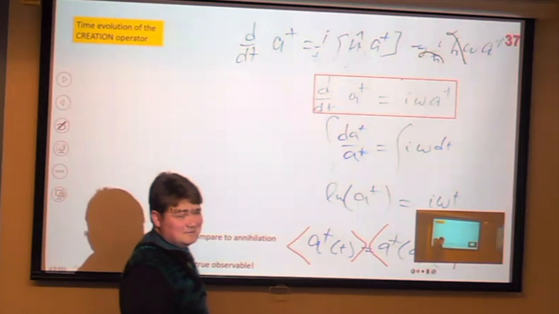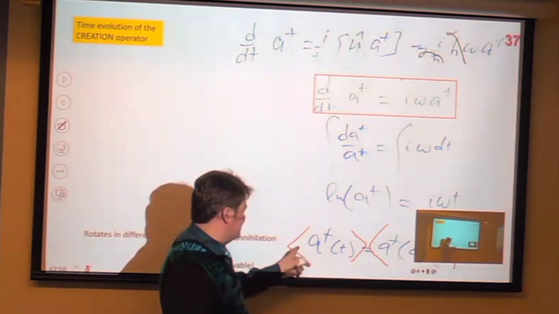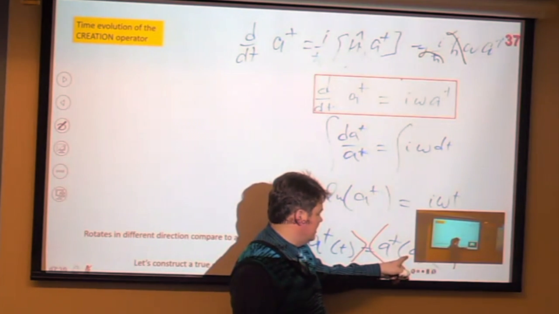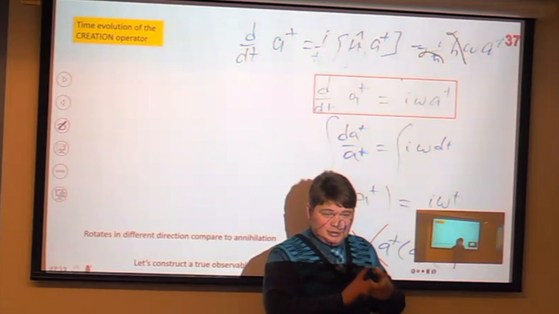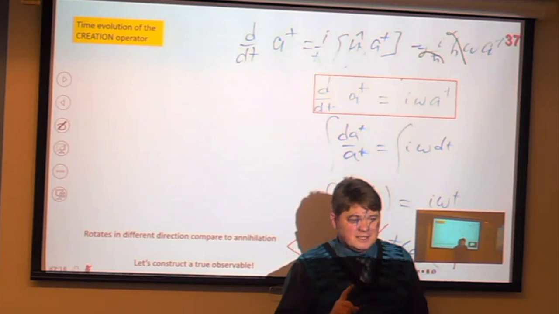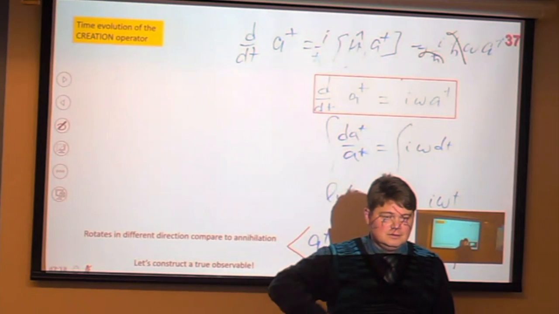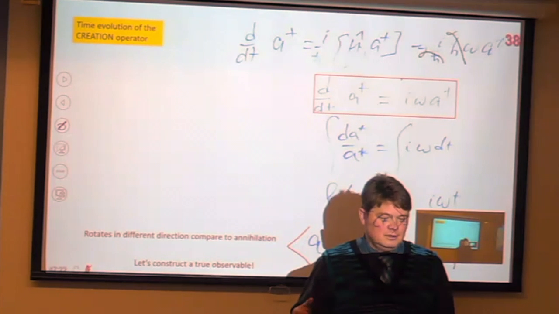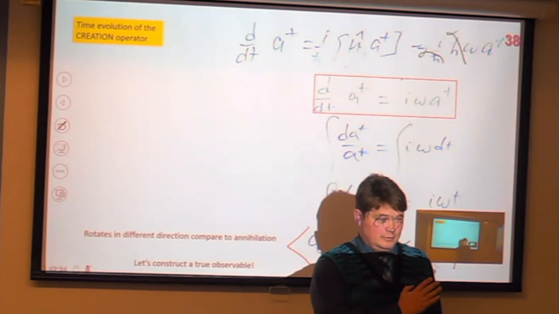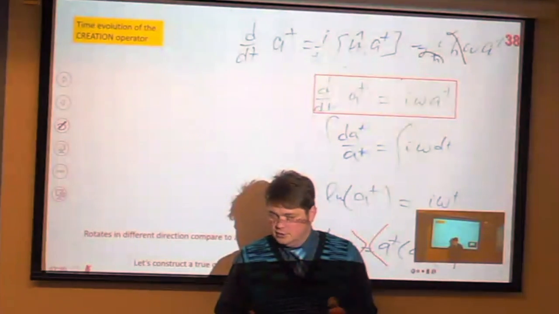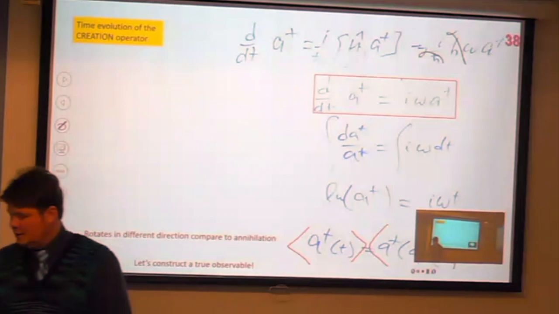So the expectation value of a dagger is equal to what it was at time 0 times the exponential with plus i omega t. So it also accumulates phase, but in a different way, which can be interpreted as evolution backwards in time, right? If you change t to minus t, you'll get the same as here. So we got two things.